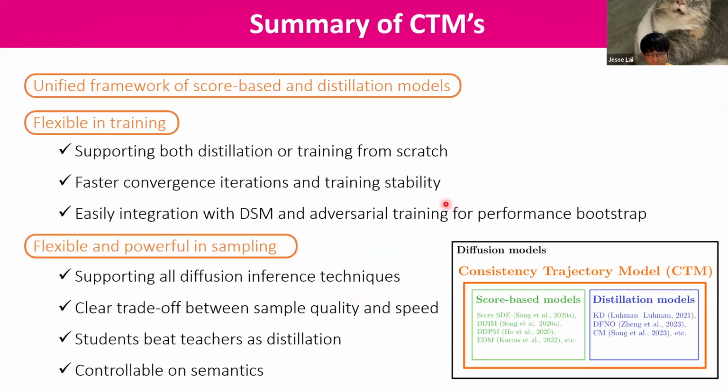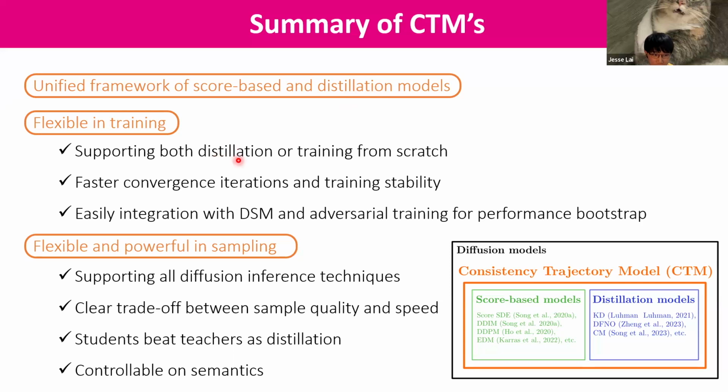Okay, so just to wrap up, a CTM model is a unified framework of the score-based diffusion model plus the distillation models. Because for the score-based model, CTM can know the infinitesimal jump, which is the score. On the other hand, CTM can know the long jump, which is what the distillation model does. In terms of the training, there's a point I didn't mention, which is CTM can also do training from scratch.